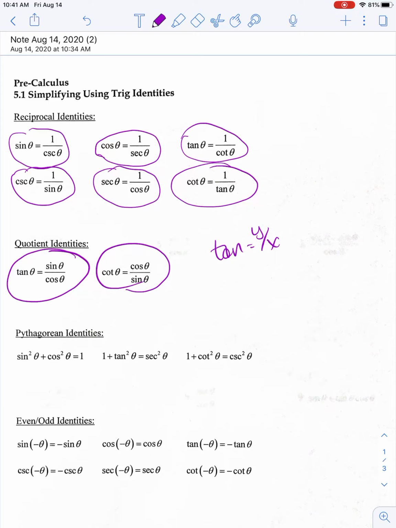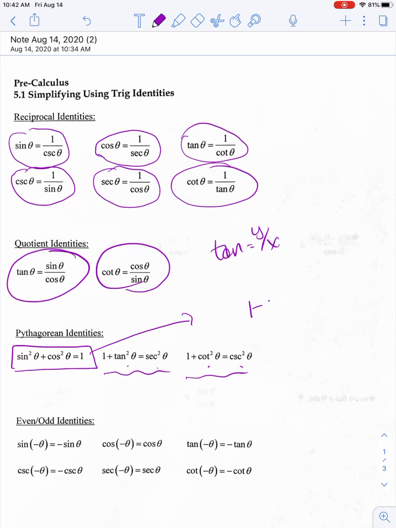All right, Pythagoreans, sine squared plus cosine squared equals 1. That's sort of the foundation. And then these two, 1 plus tangent squared equals secant squared, and 1 plus cotangent squared equals cosecant squared.